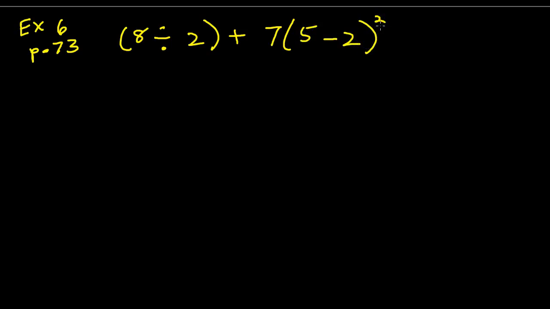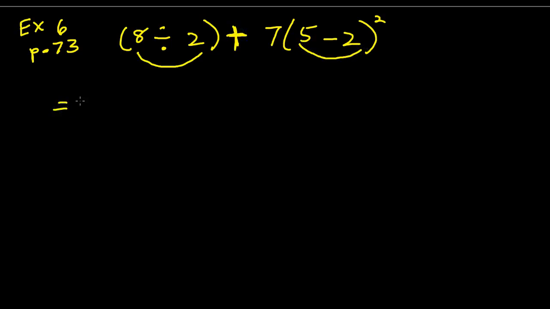We got 5 numbers and 5 operations going on, and really only one operation gets done first. I suppose technically I should do 8 divided by 2 first, because it's a parenthetical operation, but I can also do 5 minus 2 here at the same time, because they're separated by an addition sign, can I not?